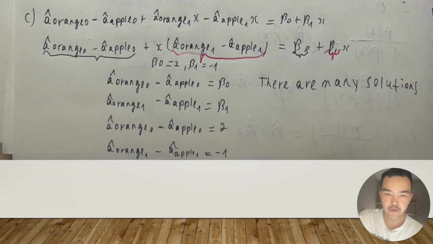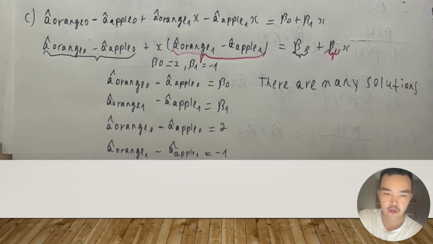And then in the second line we simplified the variables with coefficients, the variables with x, and as you see they are similar.